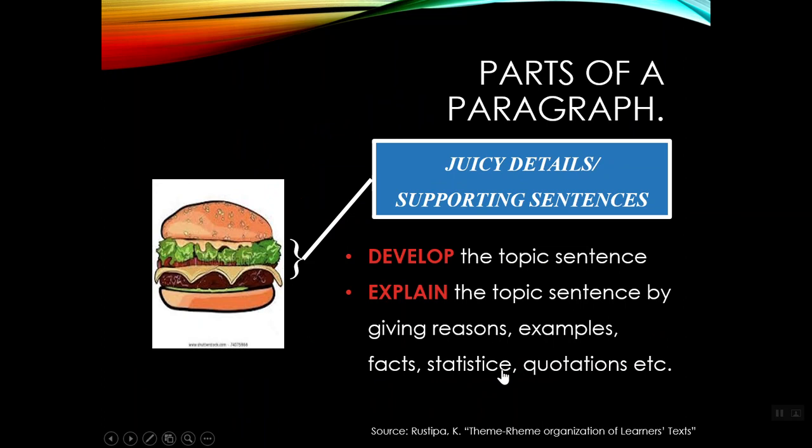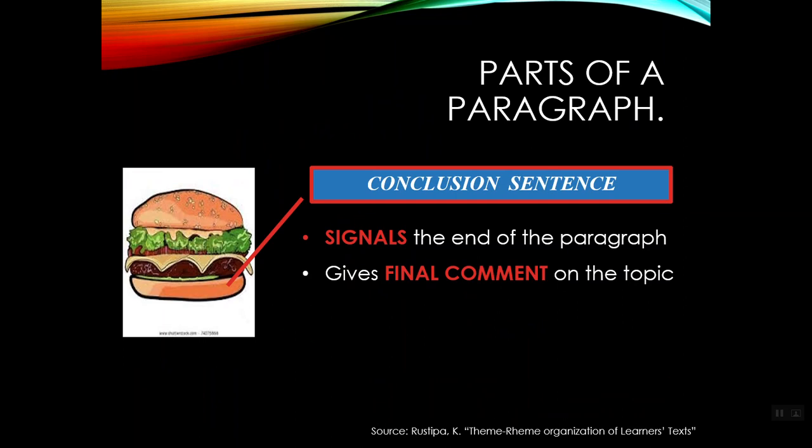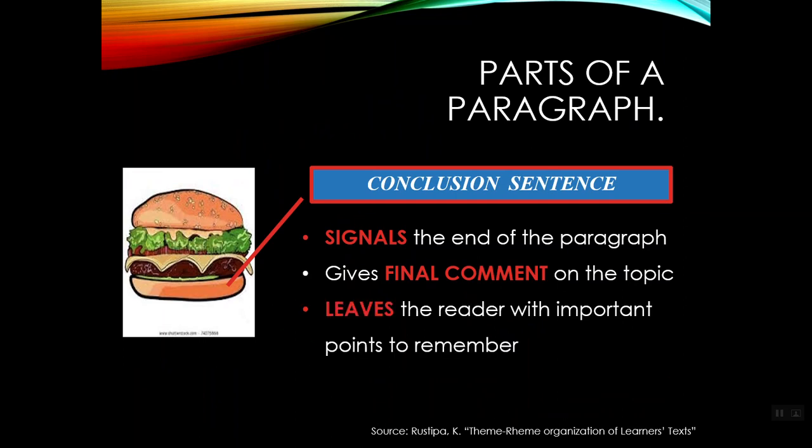So let's continue to the conclusion sentence. What does it entail to conclude the paragraph? A conclusion sentence is important to have because you're telling your reader it's coming to an end, and usually you give a final comment on your observation on the topic, not on other things, on that topic in that one paragraph.